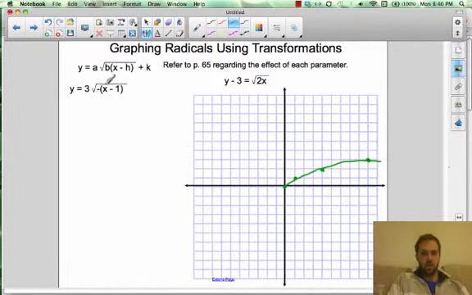We can apply all these shifts one by one and see how it affects our graph. As we indicated in the last unit, the shifts that we have to do first are the reflections and the stretches. Right now this negative sign indicates that b is negative 1. That means that this is a reflection about the y-axis.